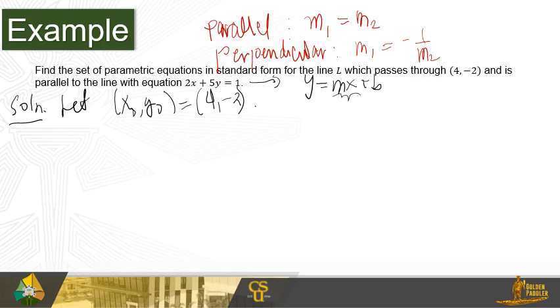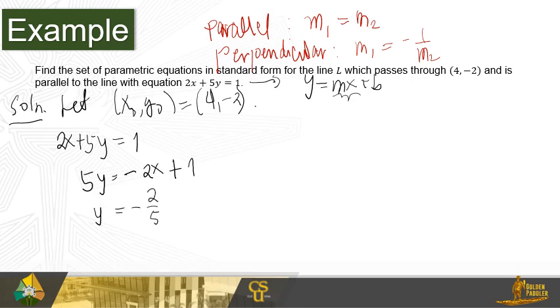So let's start. Isosolve muna natin ang y in terms of x. Meron tayong 2x plus 5y equals 1. Then transpose, so meron tayong 5y equals negative 2x plus 1. Then mag-divide ka both sides ng 5, so meron tayong y equals negative 2 over 5 x plus 1 over 5.